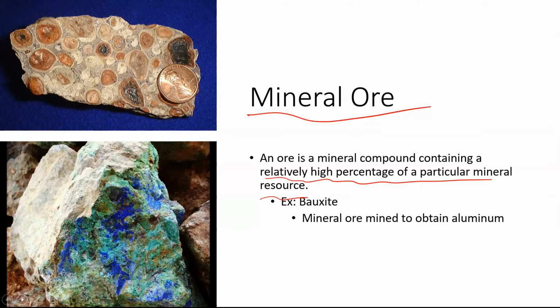All right. Bauxite, for example, is the mineral in which we find our aluminum. And this looks like some copper chloride and copper sulfate crystals forming there. So that's an example of a mineral from which we could extract copper.